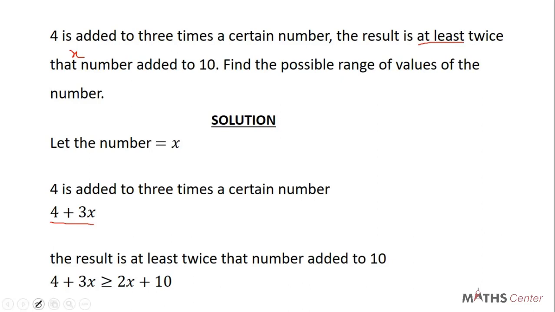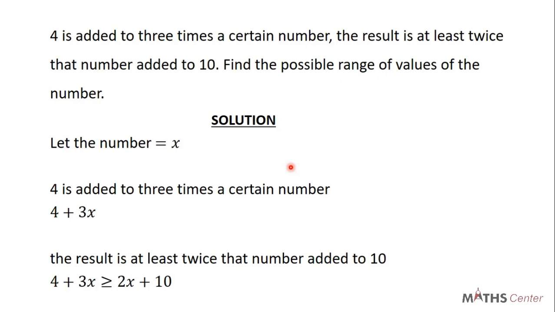I'm going to go over it once again so that you get how we got to this point. 4 is added to 3 times a certain number. We have represented that number by x. So 4 plus 3x. The result is at least, and when you hear at least, it means greater than or equal to, twice that number added to 10.